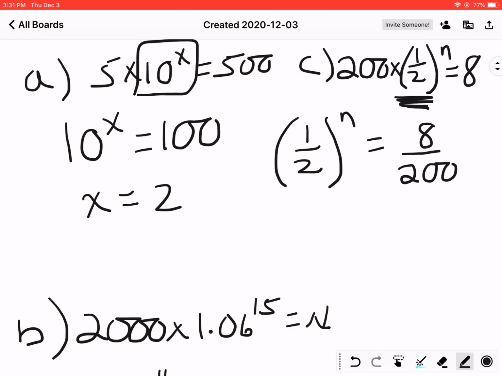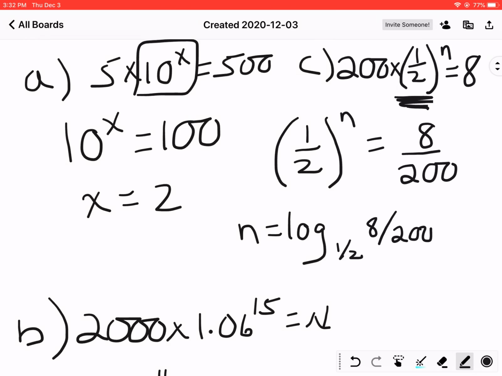And then I'm going to write this in logarithmic form. And you can actually do it just like this, like you see it. n is the exponent on the base 1/2 that gives 8 over 200.